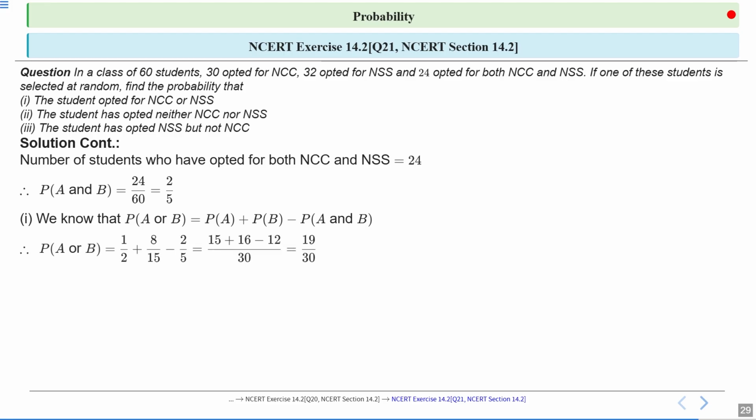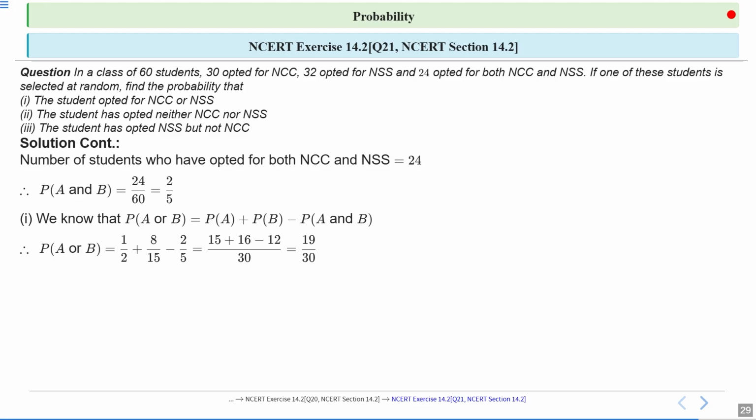So probability of A or B is equal to 1 by 2 plus 8 over 15 minus 2 over 5. Basically we put the values of probability of A, probability of B and probability of A and B, and we obtain probability of A or B. Now simplify it, then you will obtain 19 over 30.